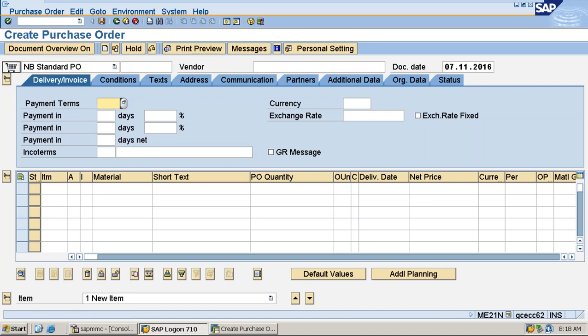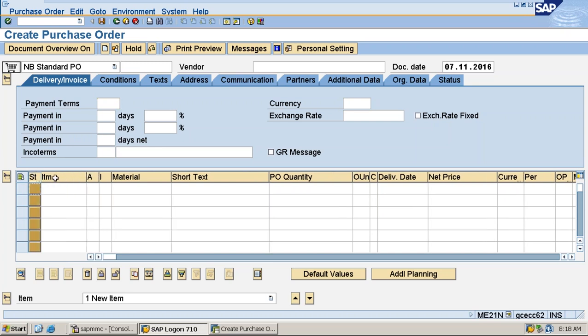When you are in this screen, this is the purchase order screen, right? This is the header data, and this is the item data of the purchase order. Whatever we create, like say 10 materials, this is the item data.